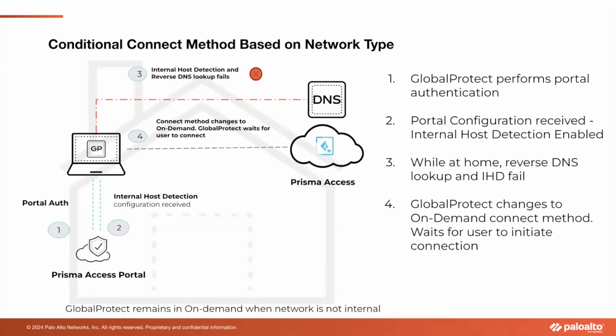GlobalProtect changes to the on-demand connect method and waits for the user to initiate the connection. So when the user has to access private apps, he will initiate the connection to connect to Prisma Access. He could otherwise not connect to GlobalProtect as such. So this is the flexibility that is provided by the conditional connect method.